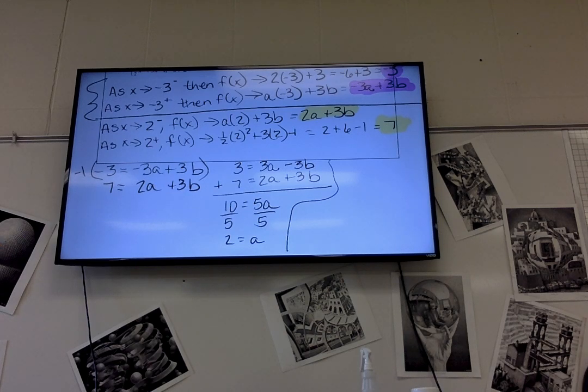Okay. 7 equals 2 times a, which is now 2, plus 3b. So 7 equals 4 plus 3b. Subtract 4 and divide by 3. There are my 2 answers, my A and B, that will cause a point discontinuity.